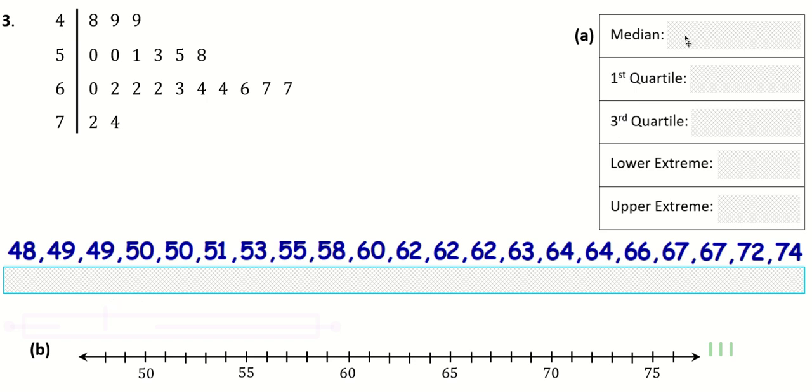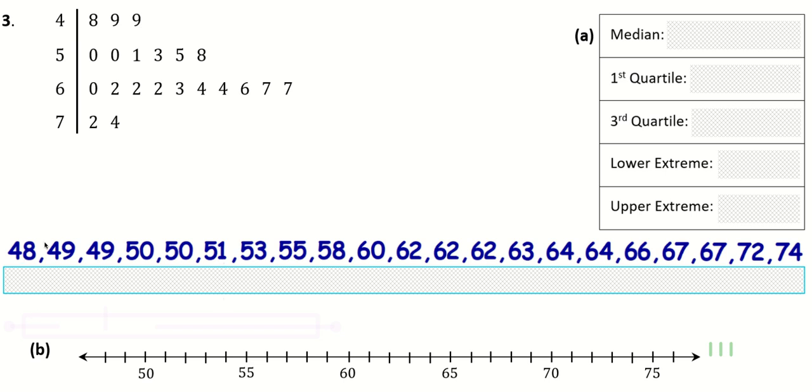And I guess we only had to find certain things for number 3, starting with the median. So how many numbers were there? 1, 2, 3, 4, 5, 6, 7, 8, 9, 10, 11, 12, 13, 14, 15, 16, 17, 18, 19, 20, 21. So that's an odd number.